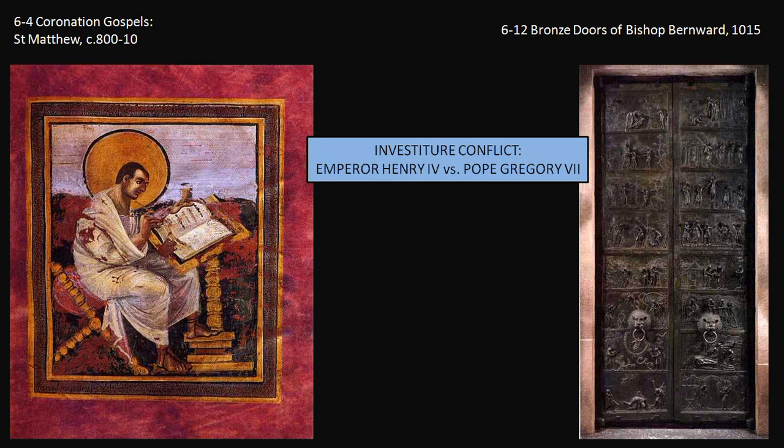The investiture conflict is, by around 1120, finally resolved more or less in favor of the Church. The settlement agreement, if you will, said that the Emperor had independent dominion. He doesn't need to worry about the Pope for this.